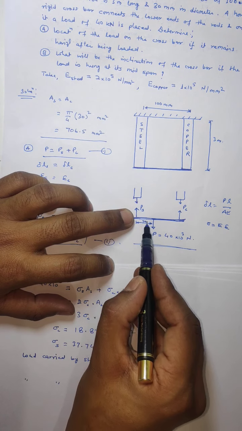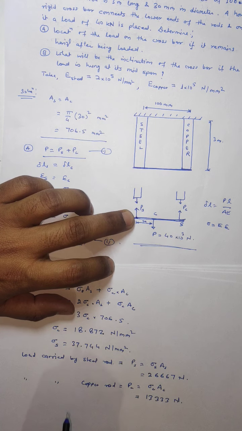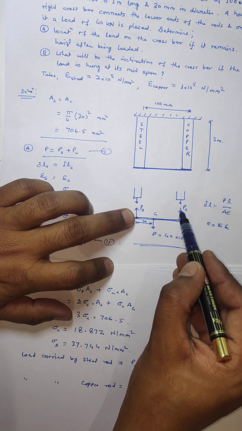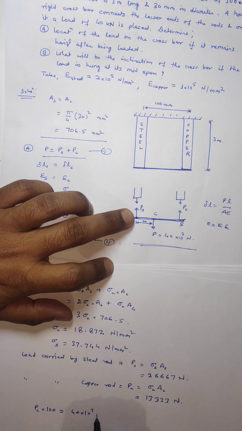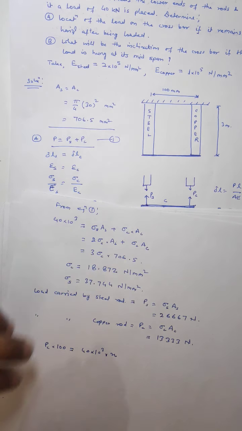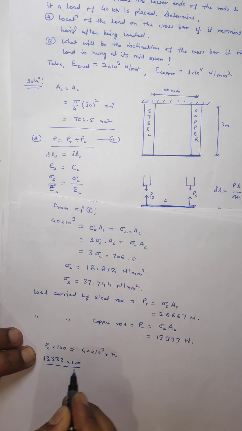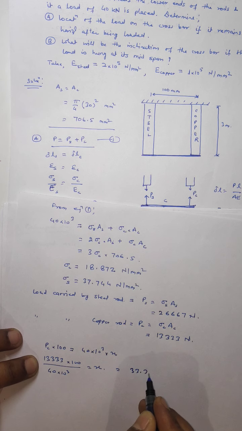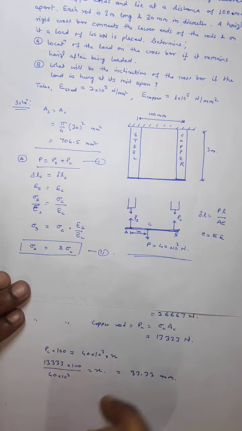If we write the moment about, say this is point A, this is point B, this is point C, the moment about A will be 0 because the bar remains horizontal, it is shifted horizontally downward. So PC multiplied by this distance, that is 100, will be equal to 40 into 10 to the power 3 multiplied by X. So the value of X is 13333 into 100 divided by 40 into 10 to the power 3, and it will come out to be 33.33 mm.